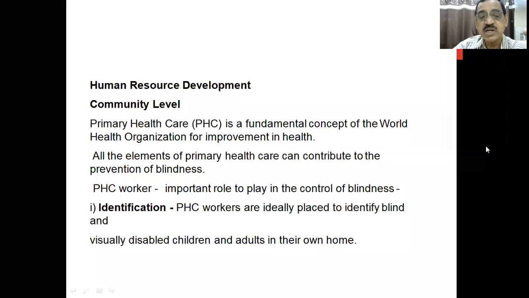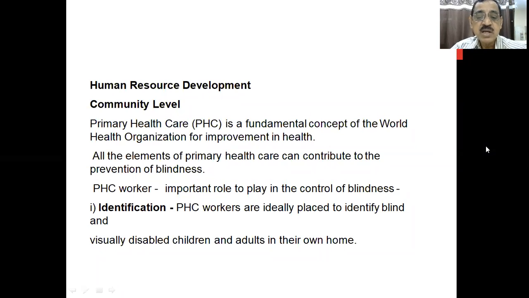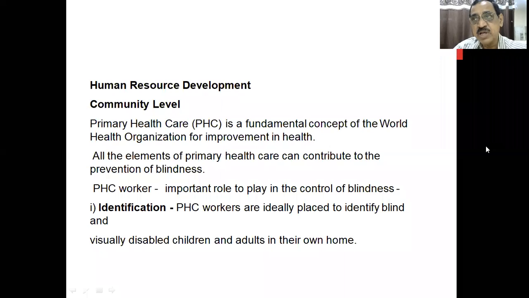So a PHC worker plays an important role in the control of blindness. PHC workers are ideally placed in the villages, nearer to the patients, to identify the blind people and also visually disabled children and adults in their own home.